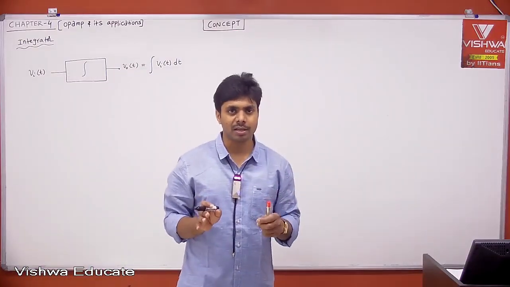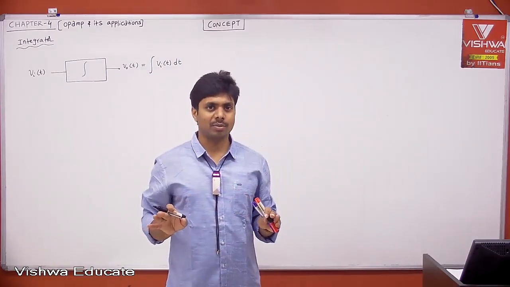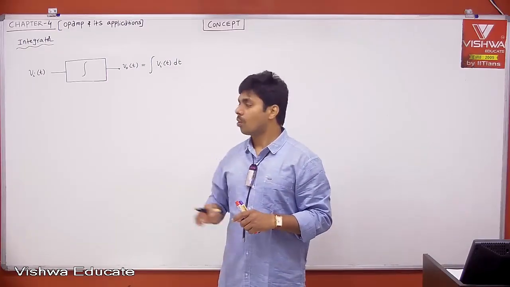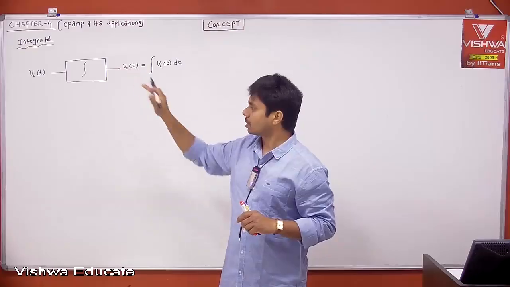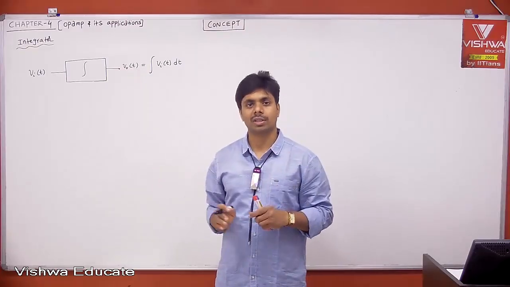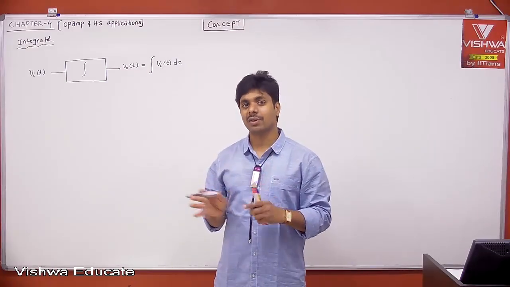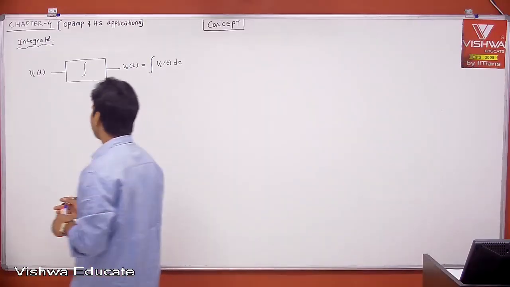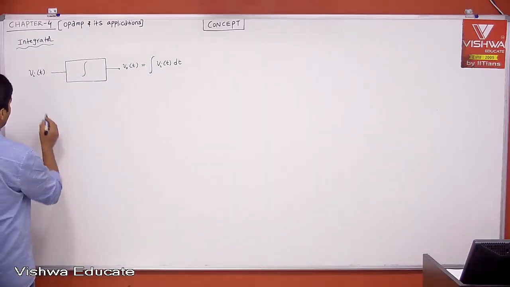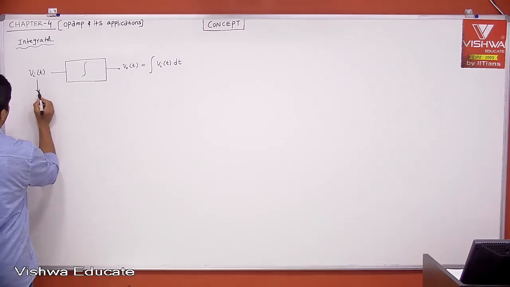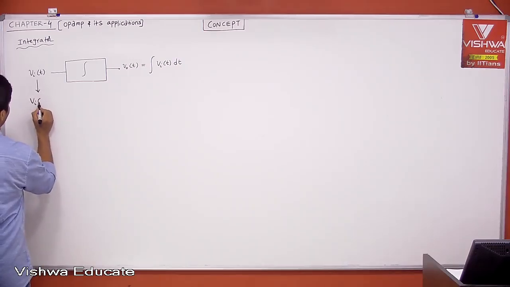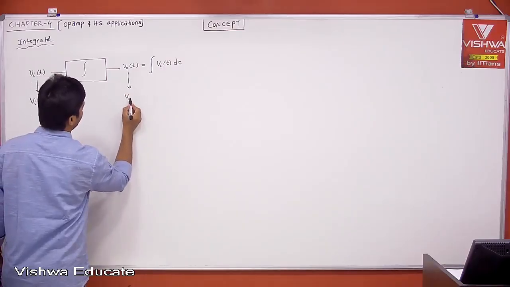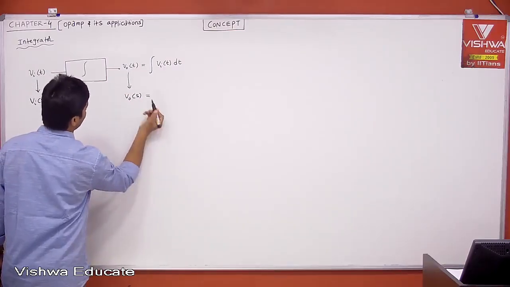I hope this is clear, right? I'm not taking any circuit. I'm just taking it as a black box and expecting an output. To get this output with respect to the input, I'm trying to find the transfer function. Then the circuit which satisfies the transfer function will act as an integrator. Therefore, if I convert into S domain, VI of t becomes VI of S, and V naught of t becomes V naught of S. What is V naught of S?